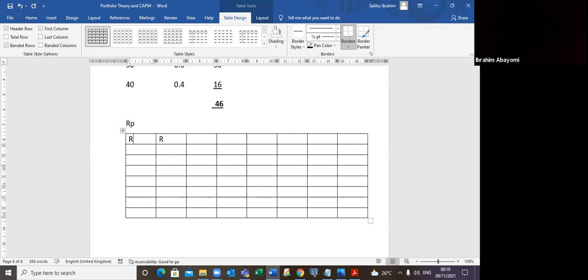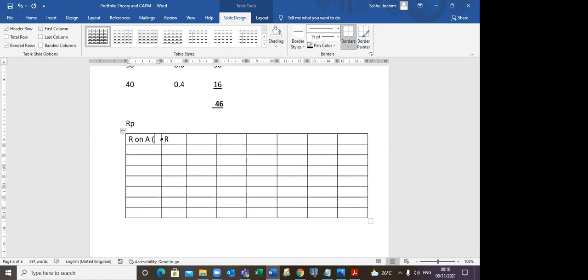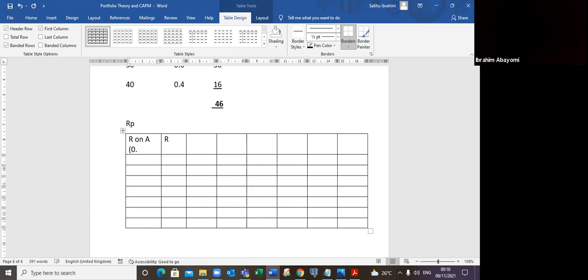What is the percentage of return on A? Is it 60 or 40? Okay, 60. 60 of X, so it's 0.6. X, not A, sorry. X and Y.